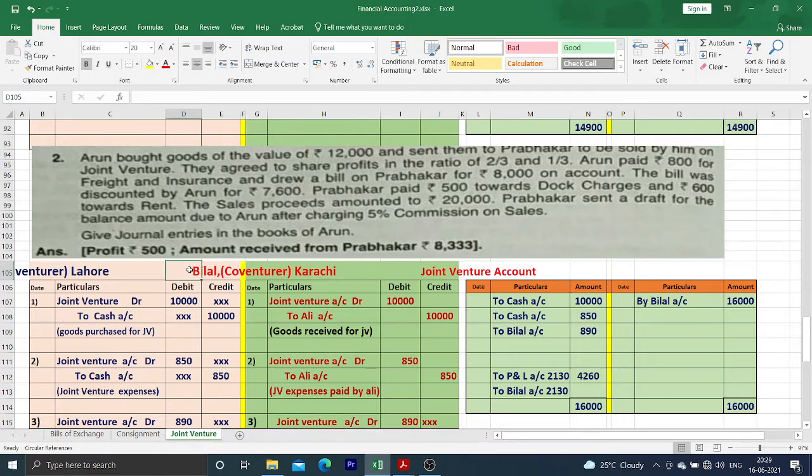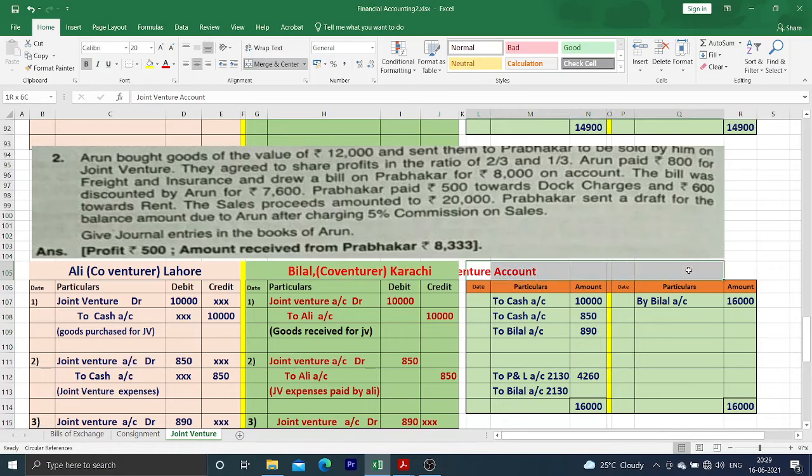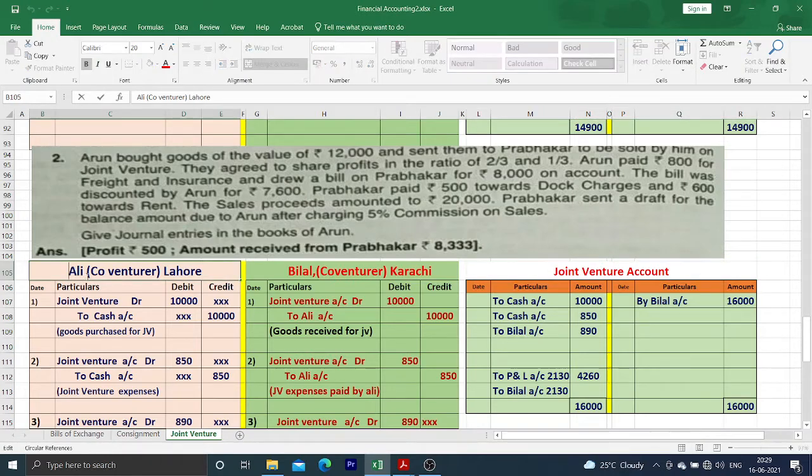So one is Arjun, another one is Prabhakar.